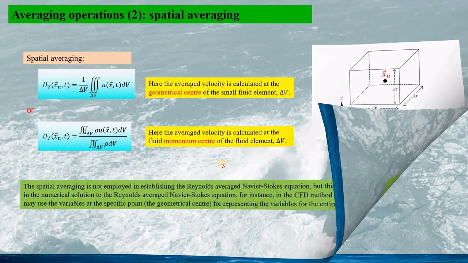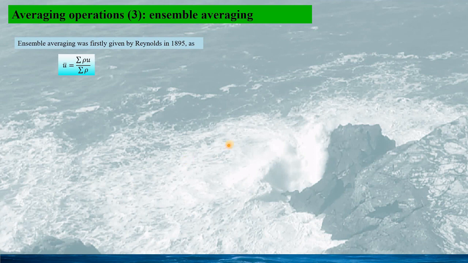Ensemble averaging was given by Reynolds in his derivation in 1895. His averaging scheme is given as this.